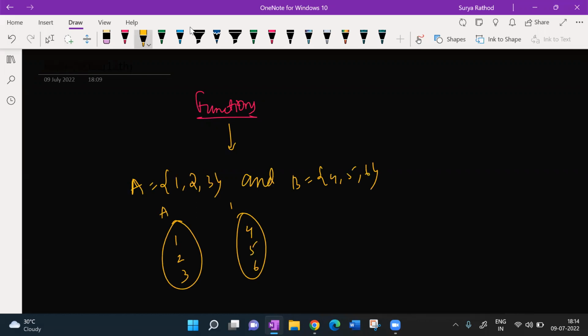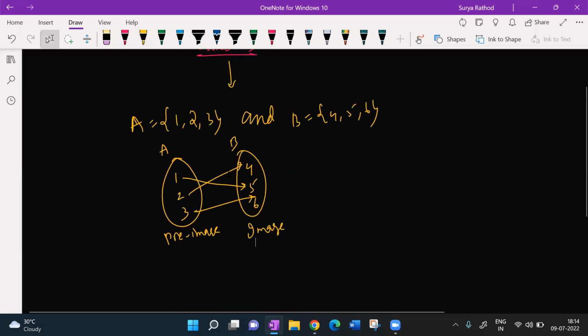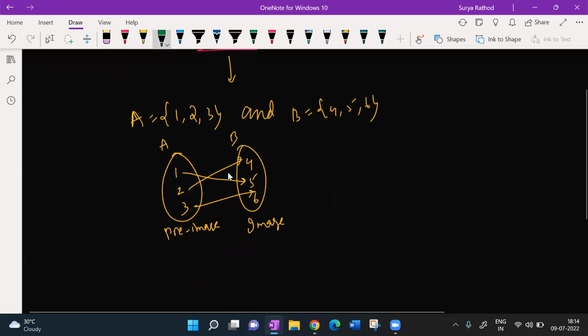This is set A, this is set B. Every pre-image must have a unique image. The set of all elements of A is called pre-images, and the set of all elements of B is called images.